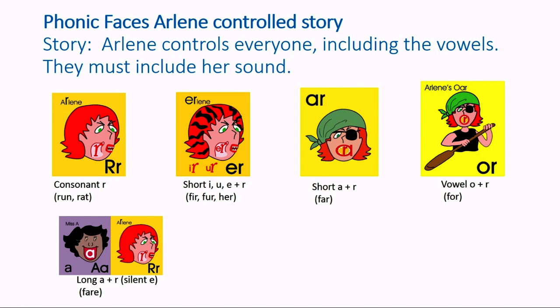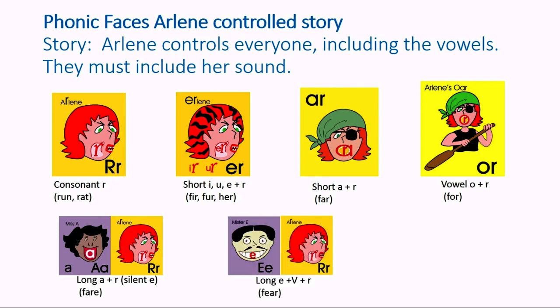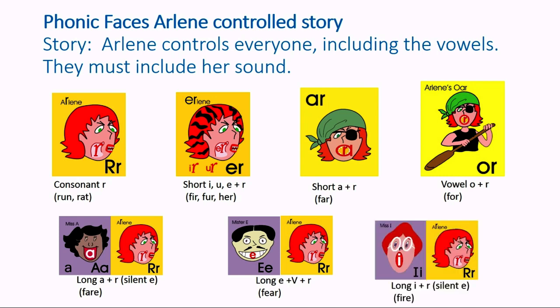And then you add Arlene to control that grown-up. Air. This is the two vowel, like this would be a word like fear, F-E-A-R. The two vowel rule applies first, so that brings in the grown-up, and then you have the R control fear. And if you look at the word fire as the final choice over here, it's the same thing. The silent E brings in the I, grown-up I sound for fire, and then you pronounce it ire.